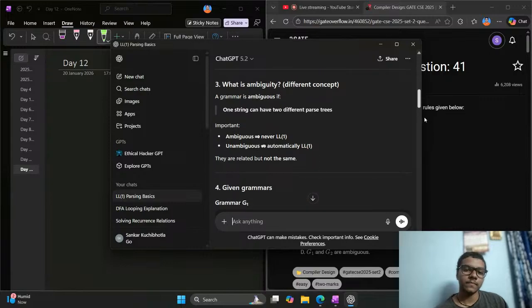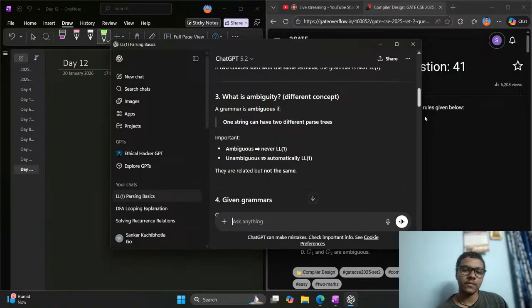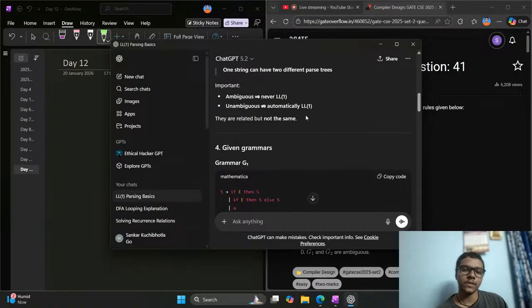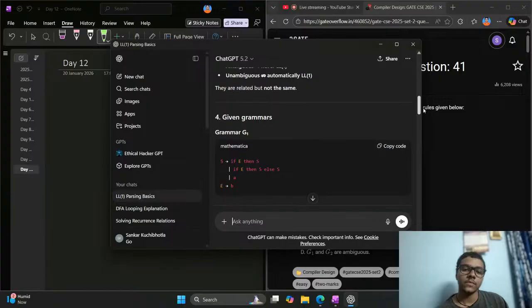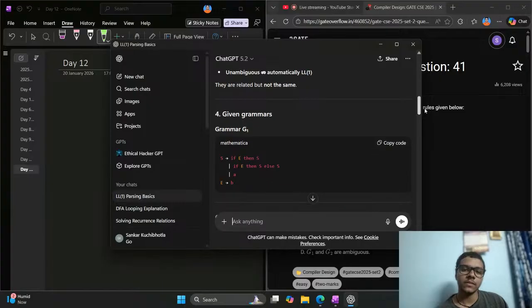Nice. One string can have two different parse trees, so an ambiguous grammar is not LL1. An unambiguous grammar will not automatically be LL1.